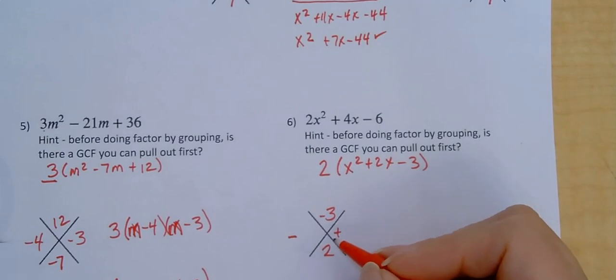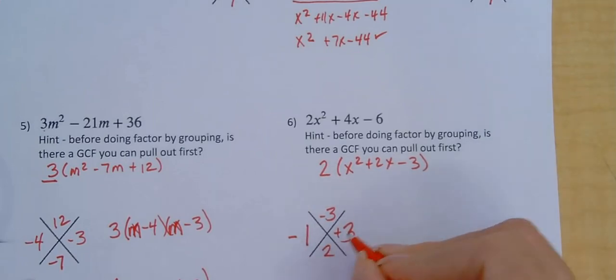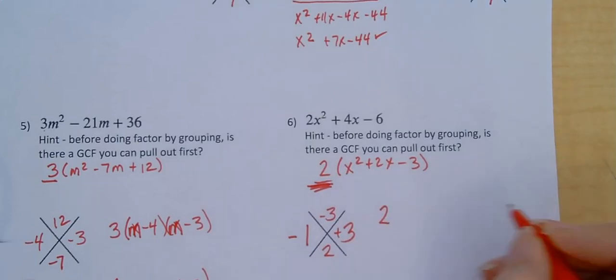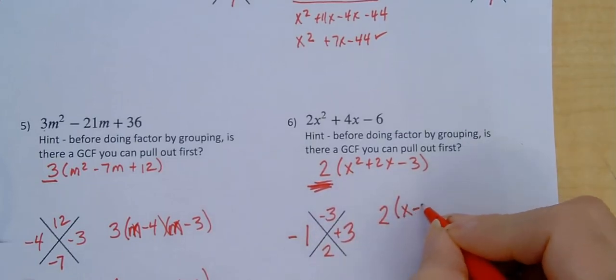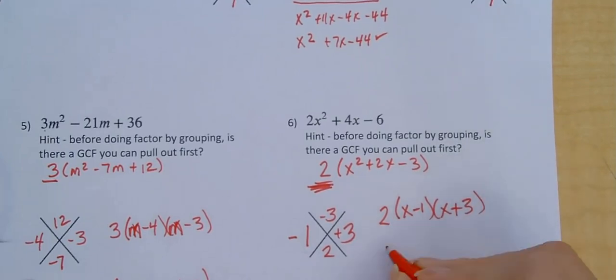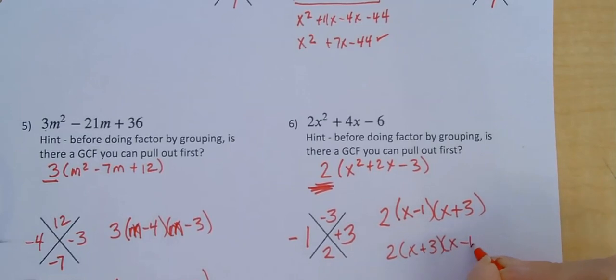And so my options are 3 times 1, so I can either have negative 3 times positive 1 or positive 3 times negative 1. I need the bigger one to be positive because 3 minus 1 is 2. So when I plug this back in, I'm not forgetting my 2. That's super important. So I have 2 times x minus 1 times x plus 3.